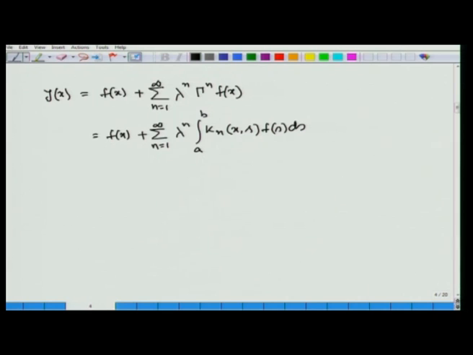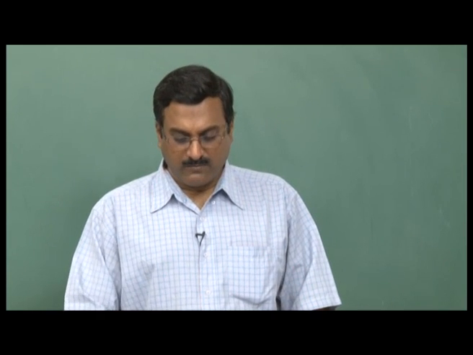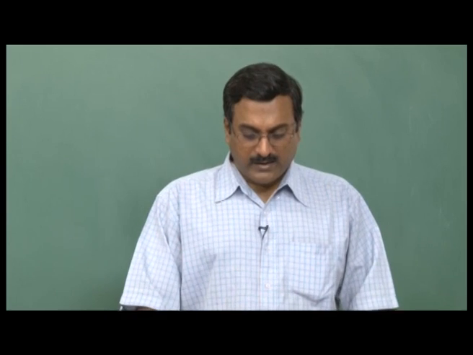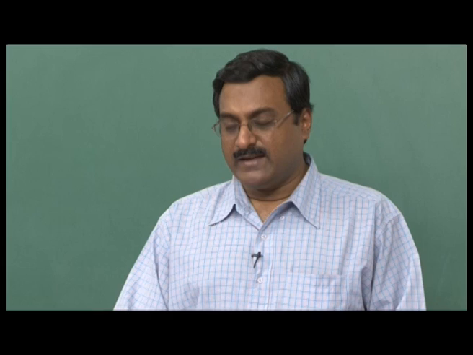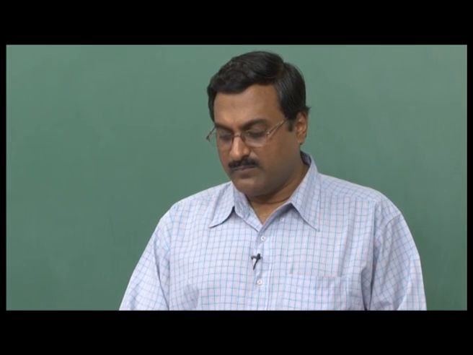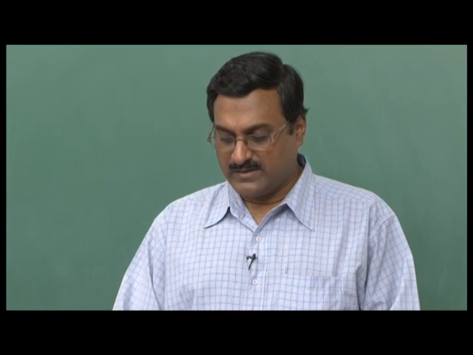This is the result, assuming satisfaction of this condition, that is modulus lambda L2 (b minus a) less than 1, where L2 is actually the maximum value of the modulus of the kernel k(x,s) within the interval [a,b] cross [a,b], that is, within a square. Therefore, we can interchange this summation and integral sign, because in the last lecture we have already proved the uniform convergence of this infinite series.